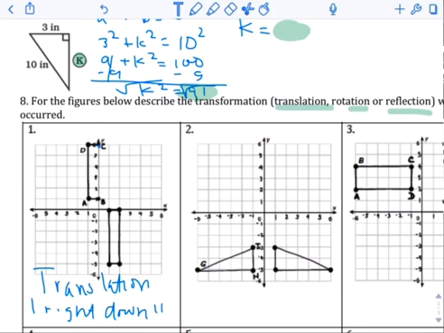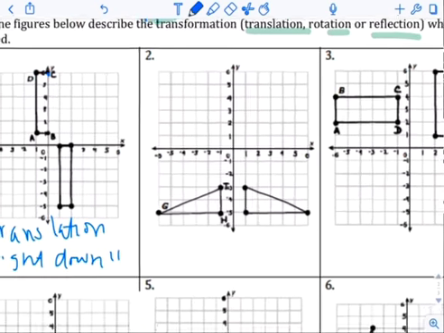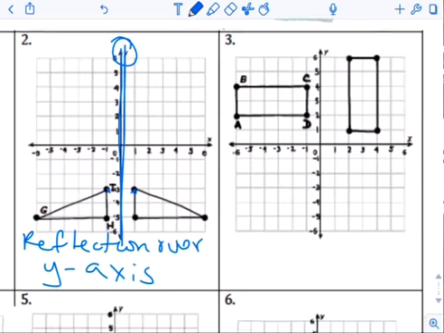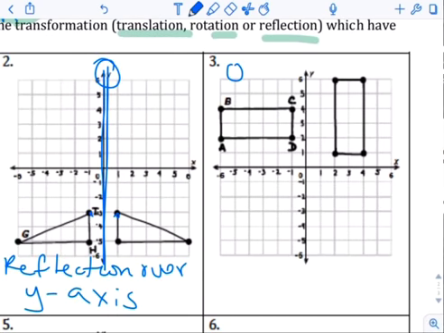Okay? And this is definitely a reflection over this line. From here to here. Reflection over this y-axis. This one is the rotation. Here's 0. It went to here, 90.